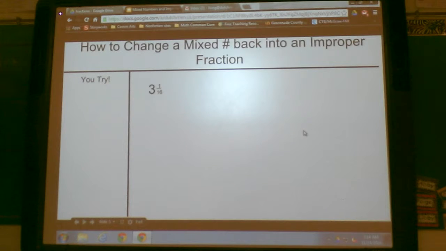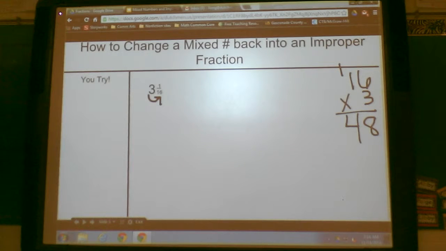Now, let's try it together. So, first thing we're going to do is multiply our whole number times our denominator. So 16 times 3. Can't do that in our head, we'll just do it over here to the side. 6 times 3 is 18, good. Carry the 1. 3 times 1, 3 plus 1 is 4, good.